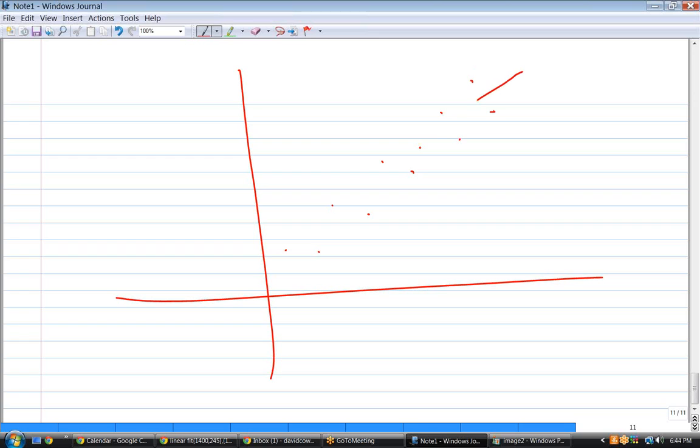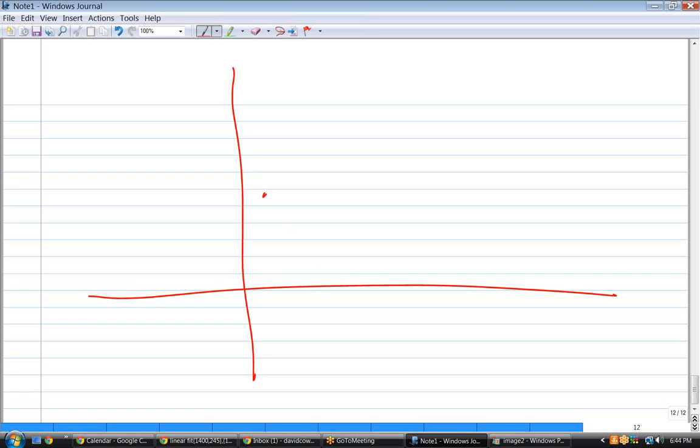In other words, I could draw a straight line through those, and that's a pretty good fit, right? Mm-hmm. Okay. What if I had a bunch of dots like this? Now, I could still draw a straight line, but it's not as good a fit, right? No. No, not at all.